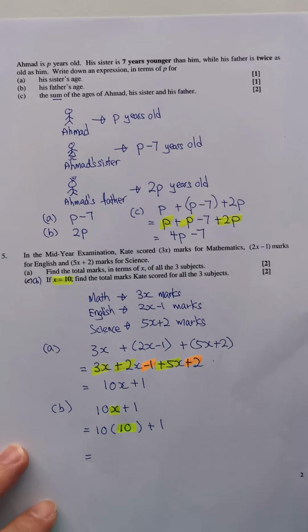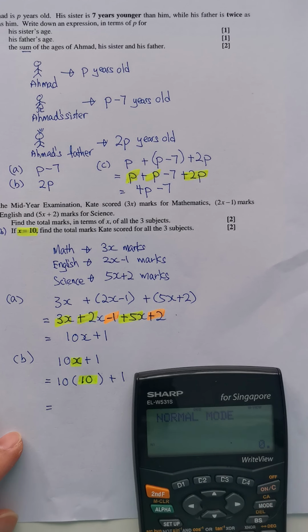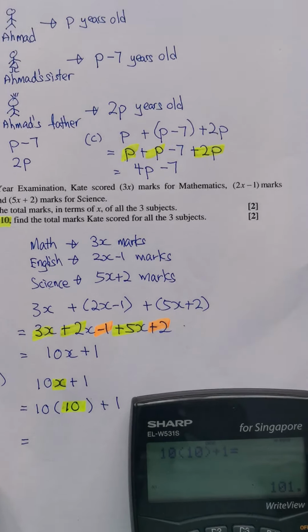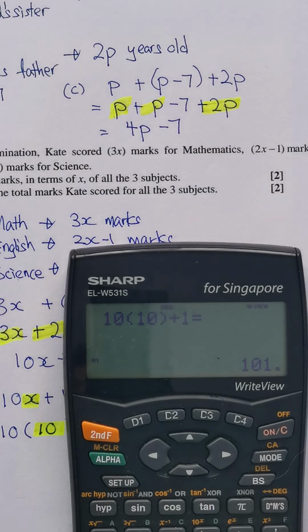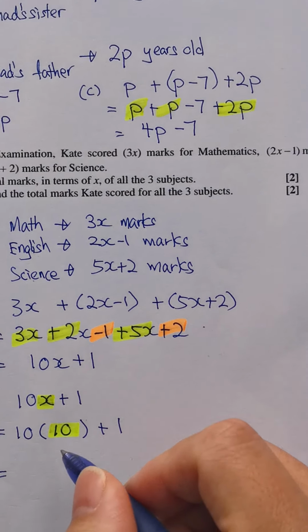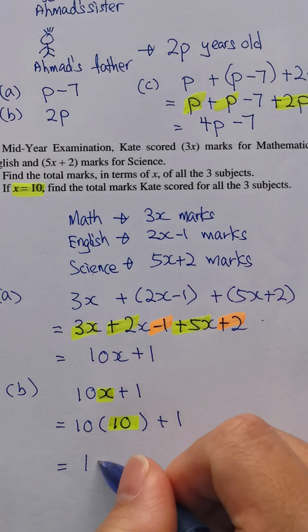Alright, we can simply use a calculator. We key in 10, open bracket, 10, close bracket, plus 1, and press equal. You can see that the calculator gives the answer of 101. So you just write down the score, 101.